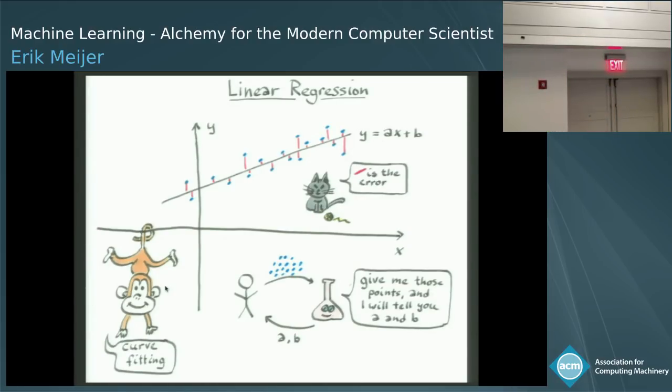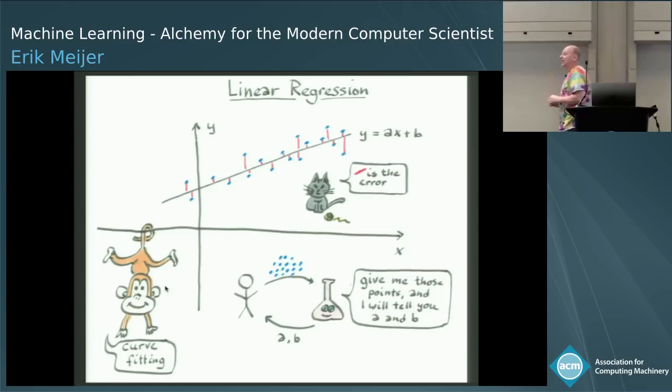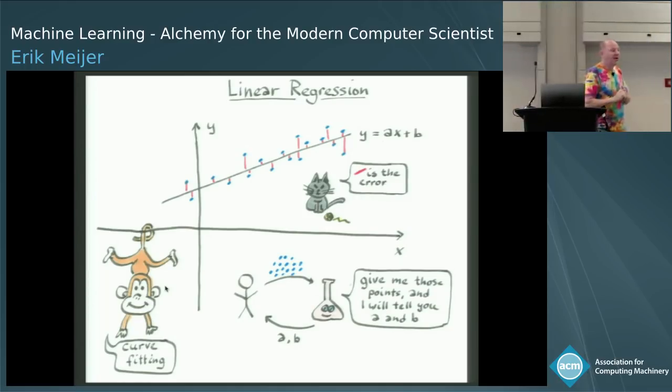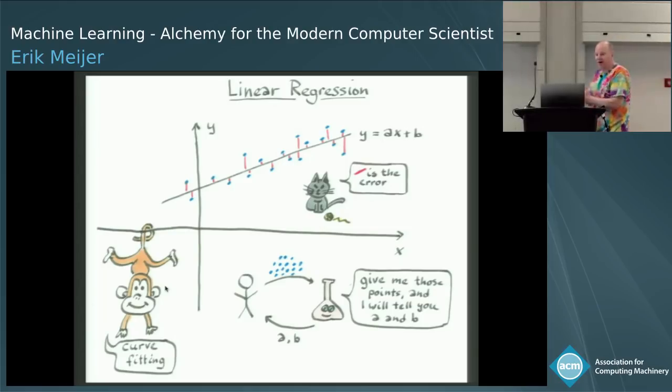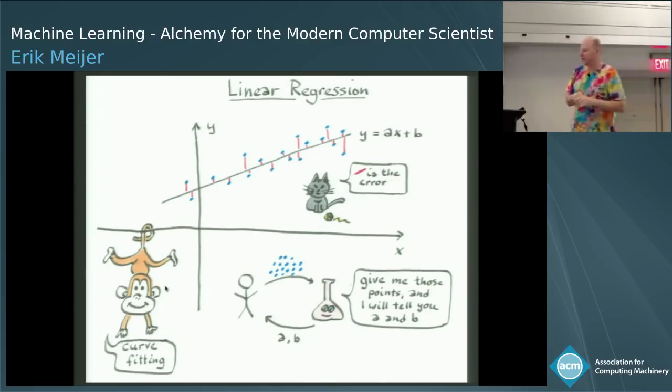So let's do the simplest thing that we teach in high school to every kid: how to do linear regression. You get a bunch of points, and you have to find a linear function through those points. So given a bunch of x and y, you have to find a and b. And then, because the measurements are noisy, there are some errors along the way.